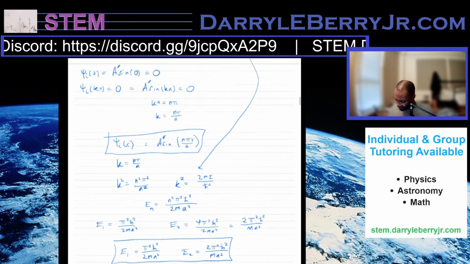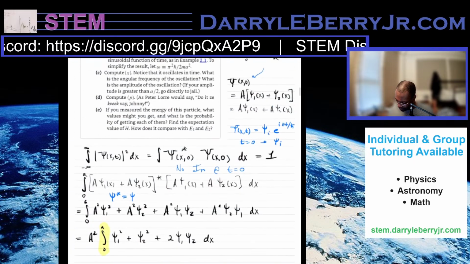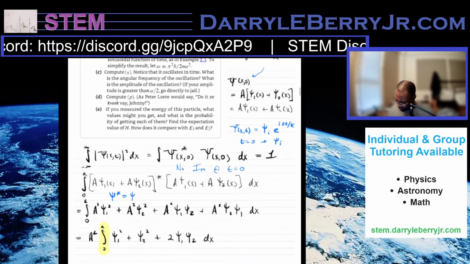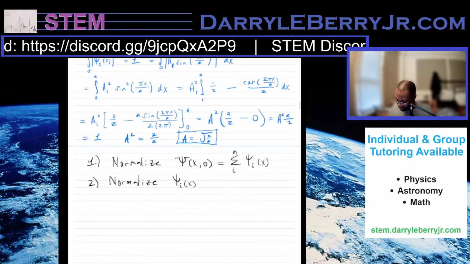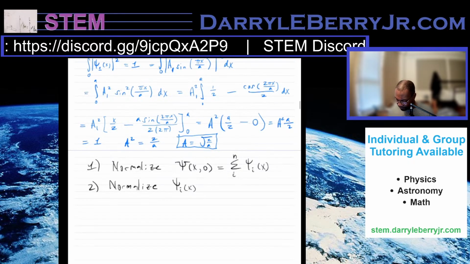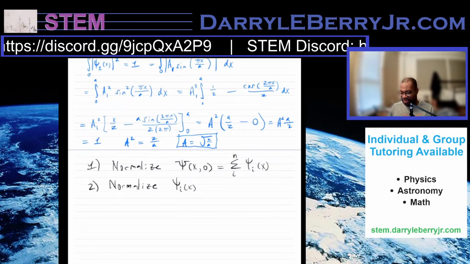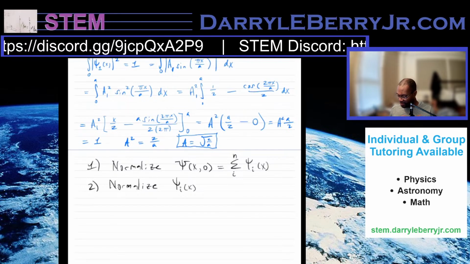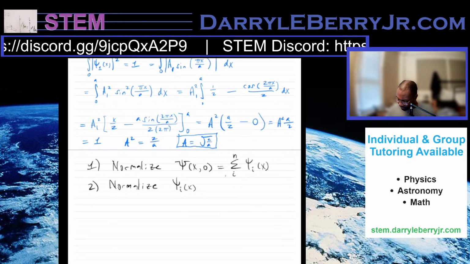So my full psi up here is the sum of those sub-equations, a linear combination of those. Those are the energy eigenstates. As we were discussing earlier, you could build up any function from the energy eigenstates.